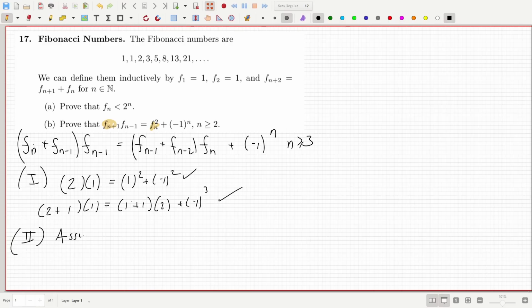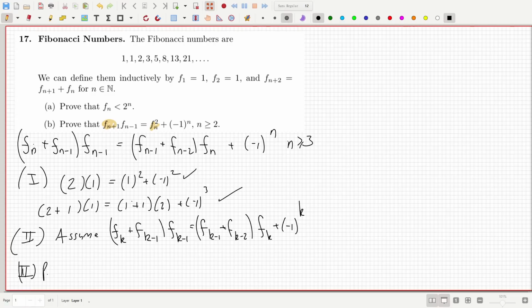Assume Fk plus Fk minus 1 times Fk minus 1 equals Fk minus 1 plus Fk minus 2 times Fk plus minus 1 power k. And then step 3, which is the hard step now, is required to prove case k plus 1.